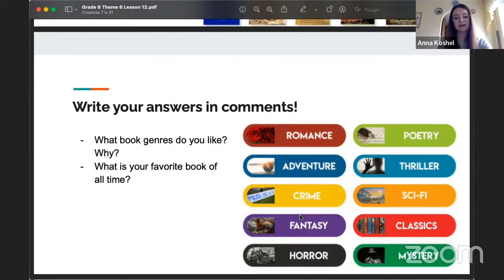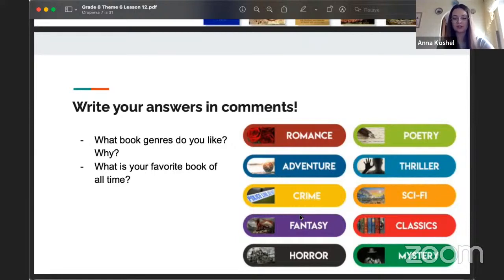So that would be classic novels. Horror, the genre of horror usually tells very scary, horrifying stories that make our blood chill, and we have goosebumps all over our bodies because we get scared because of some monstrous creatures or supernatural events that are quite terrible. So that's horror. And mystery, already discussed that, something similar to crime, but more mysterious. We don't know what is going on. So that's mystery.